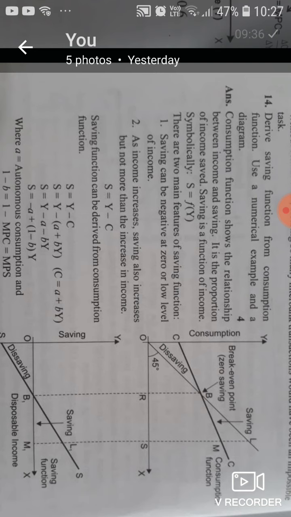So we have derived the saving function using the equation saving is equal to income minus consumption, because income is either saved or consumed. Income is equal to consumption plus saving. So we can put the saving on the left and consumption on the right, and in this way we get the equation.